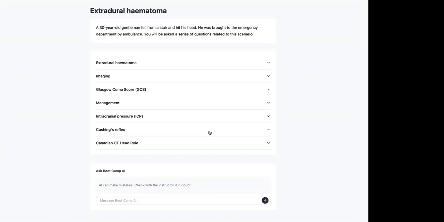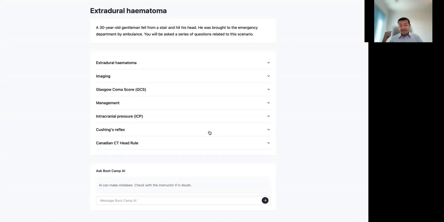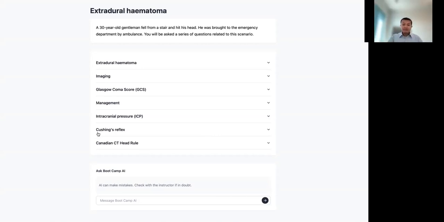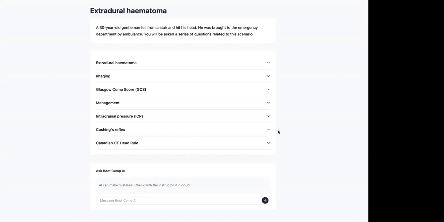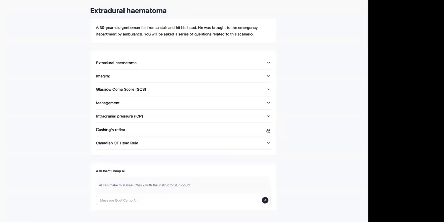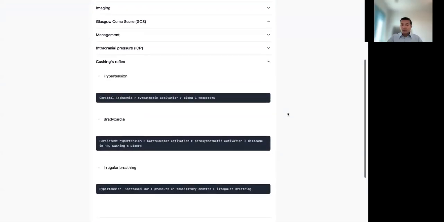It causes hypersecretion of acid, leading to disruption of the protective mucous membrane of the stomach, leading to ulcers. These ulcers are called Cushing ulcers. And lastly, irregular breathing. The direct pressure on the respiratory centers in the medulla oblongata will lead to irregular breathing. So that's something called Cushing's triad or Cushing's reflex.